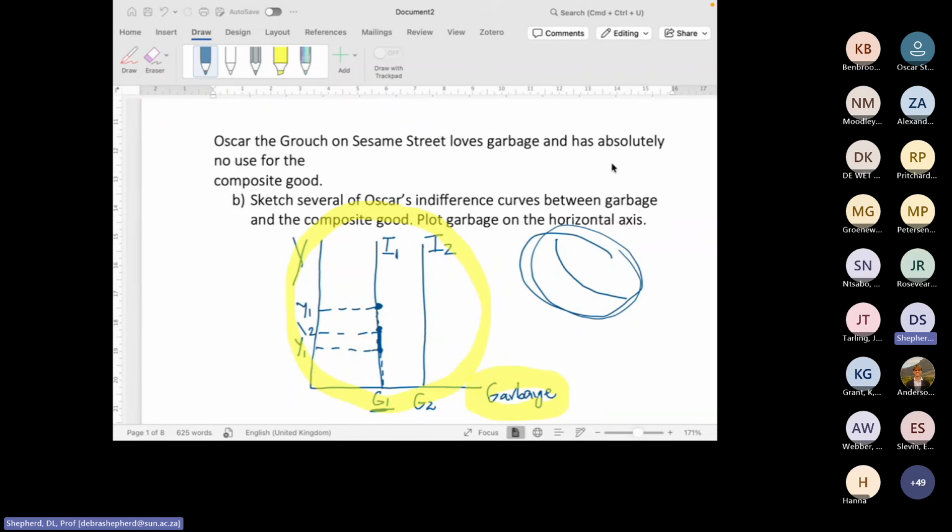During the semester, we also saw an example of an indifference curve that has a y-intercept. It's not perfectly horizontal, but it has a very slight slope.